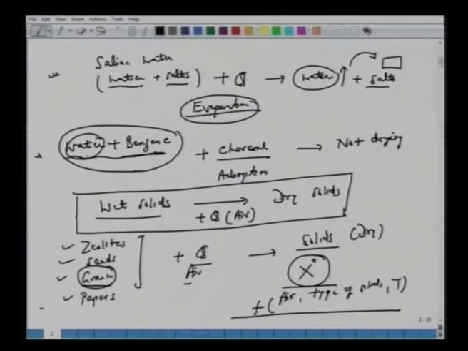Now from the mechanistic point of view, if you are careful, drying is about heat and mass transport. That's the main difference we had between drying and the other unit operations.